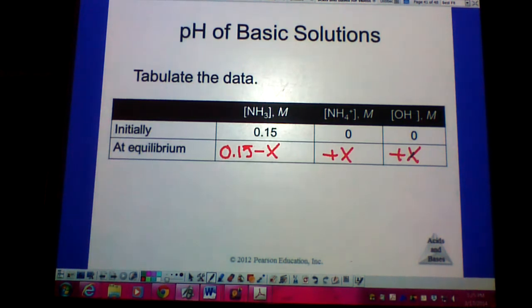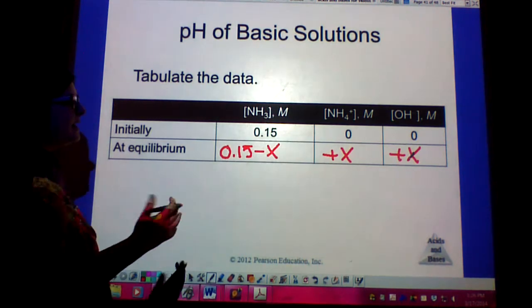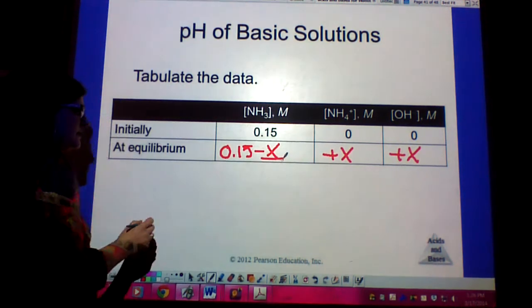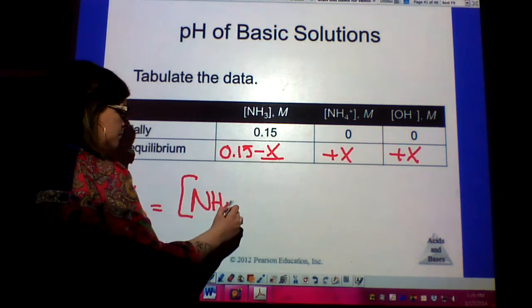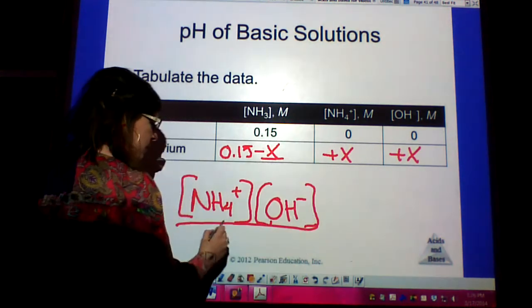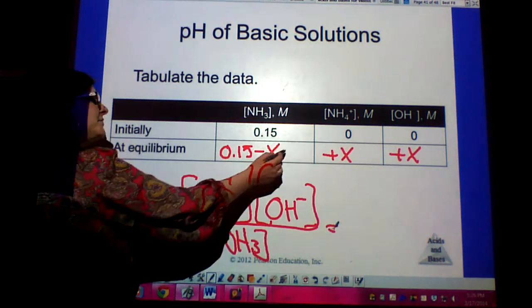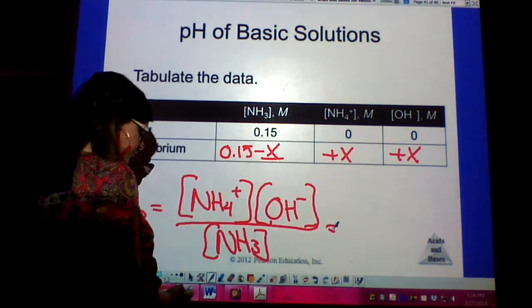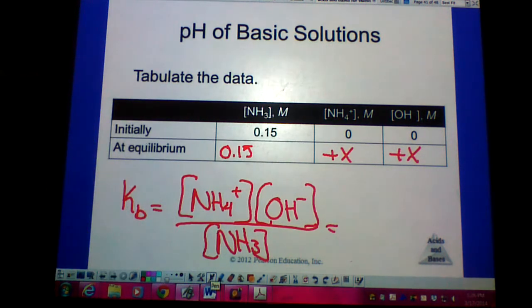If I do something similar to what we did in the last one to find pH, I can just assume that x is going to be so small that it's negligible here. So I could still say, like we had for our Kb, that it was NH4 times the hydroxide concentration over ammonia. If I plug in what I have here, instead of saying this is 0.15 minus x, let's just call it 0.15, because we're assuming it's so small that it's not going to make a difference if I subtract x from this.